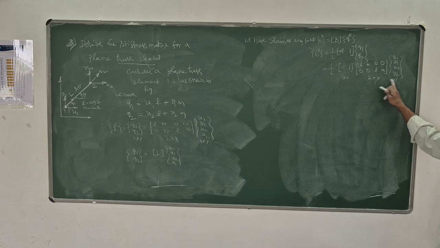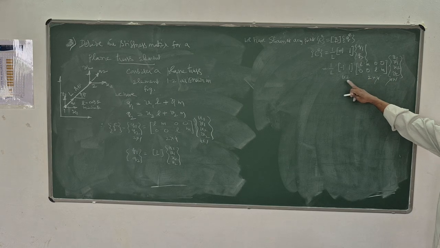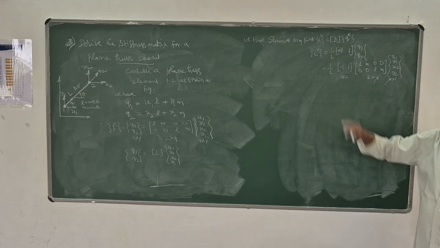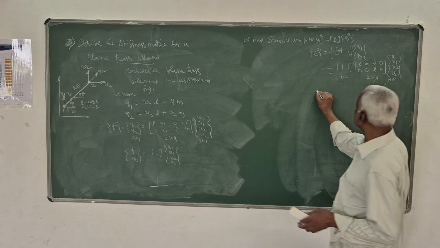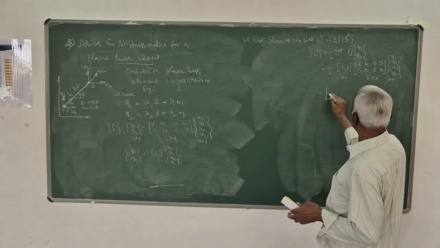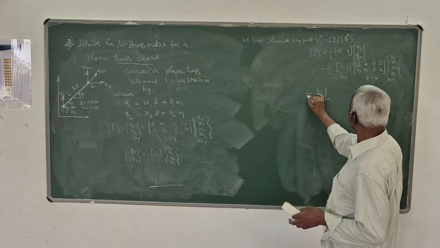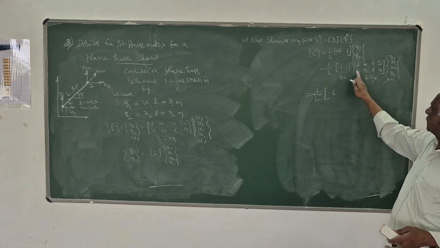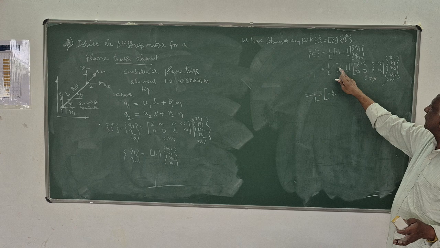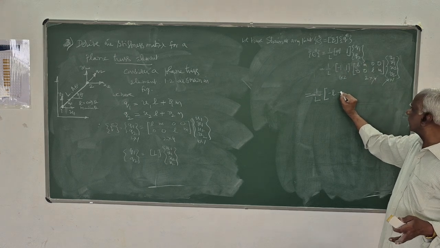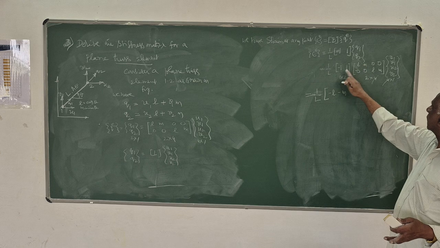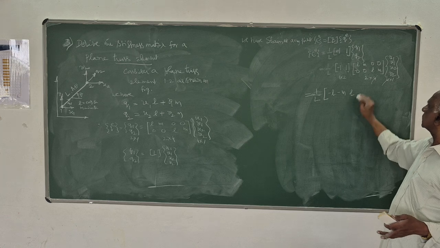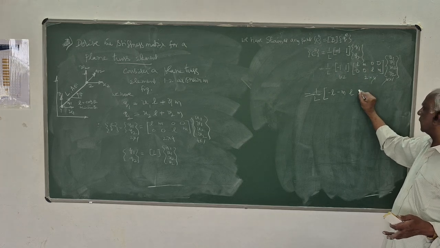If you multiply, you will get 2 by 1, this is 1 by 2, and that 2 cancels. You will have a 1 by 1 matrix. So this I can write as 1 by L, minus 1 into l, minus l, 1 into 0, 0. Then minus 1 into m, minus m, 1 into 0, m. Minus 1 into 0, 1 into l, l. Minus 1 into 0, 1 into m, m.